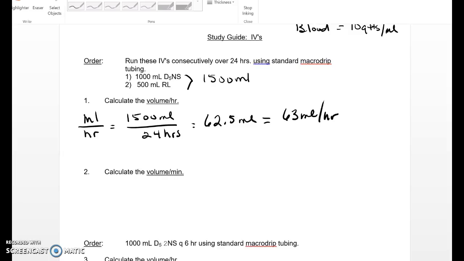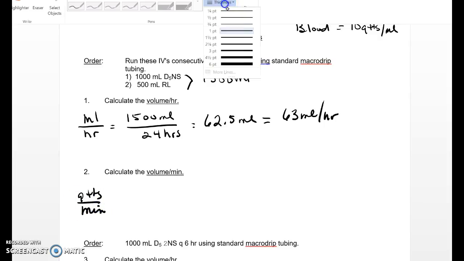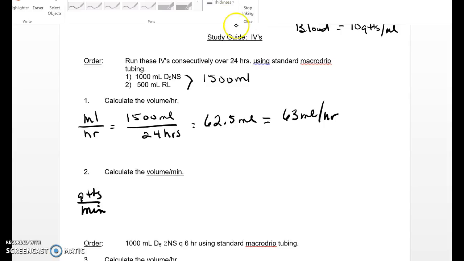Now let's do volume per minute. Drops per minute. Let me change the thickness on this so I can write a little bit better. Okay, so you can do it one of two ways. You can start off with 63 milliliters per hour times, now we need a drop factor because we want minutes.